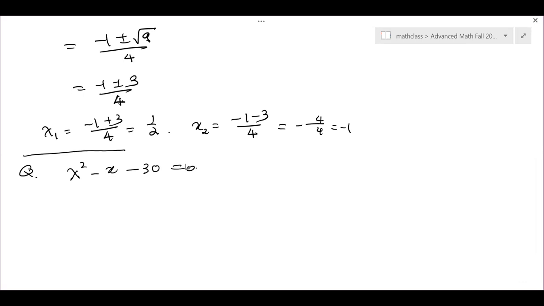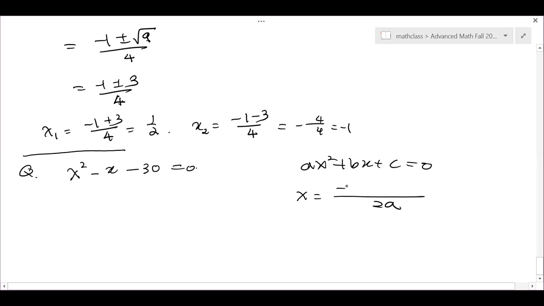So can you use the quadratic formula to solve the problem? Let me write down the quadratic formula, if you haven't written it down. Can you plug in the numbers for a, b, and c, and then simplify?